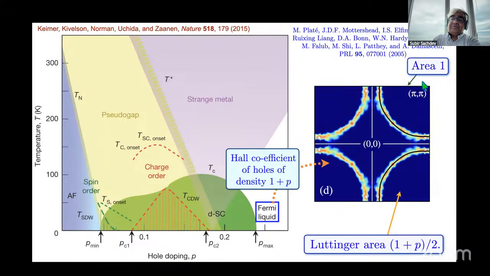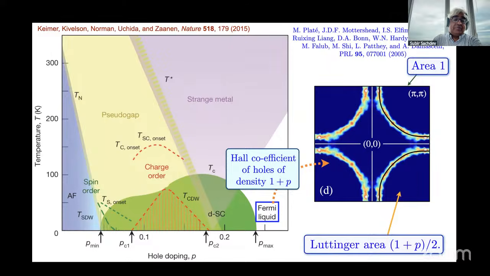So if you measure areas in units where the area of the square lattice Brillouin zone is 1, then the Luttinger area of this circle is 1 plus p over 2. 1 plus p is the density, and the factor of 2 is for spin, because there's 2 electrons for each momentum state. So that's very simple, and everything works very beautifully.